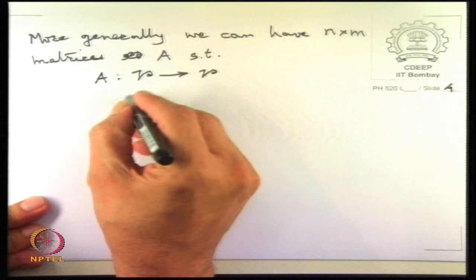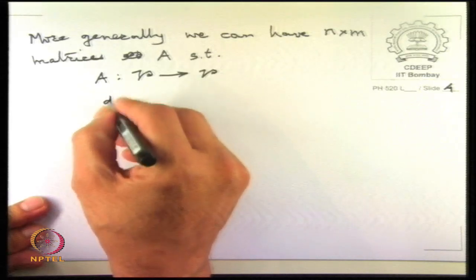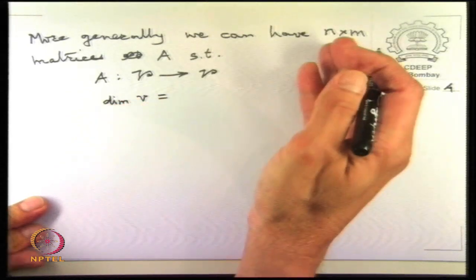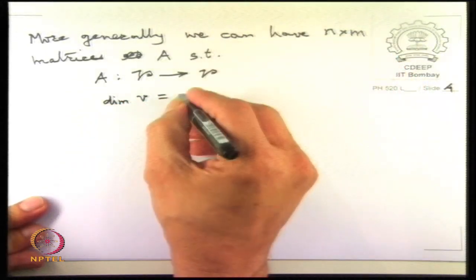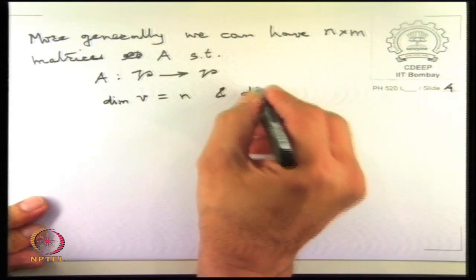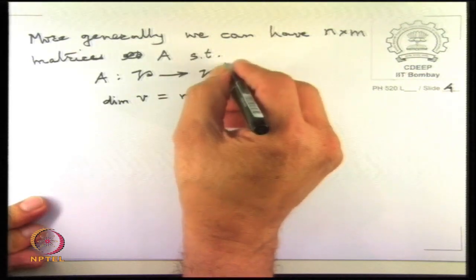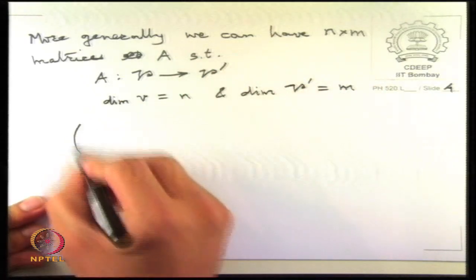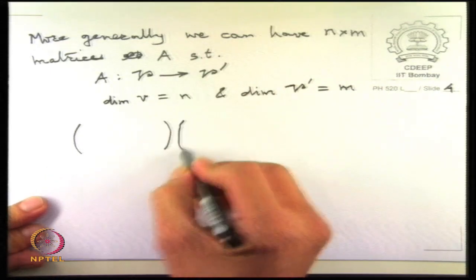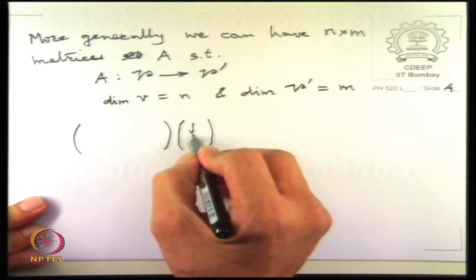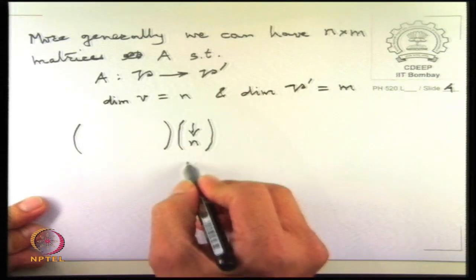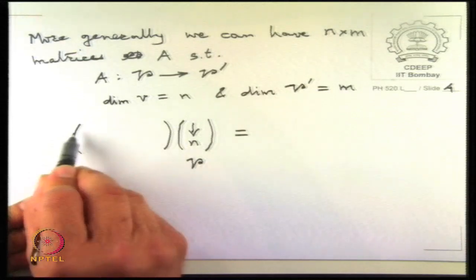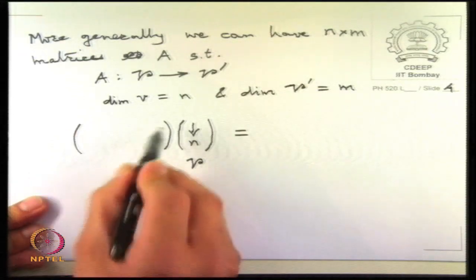So if dim V equal to n, number of rows is n, right, and dim V prime equal to m. So just to not get lost, let us draw this. So I have n entries here, this is V. So I must have as many columns.